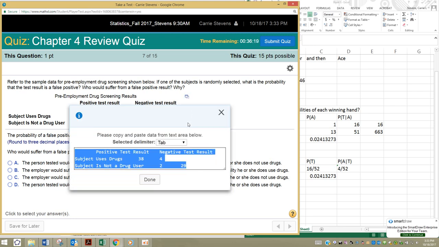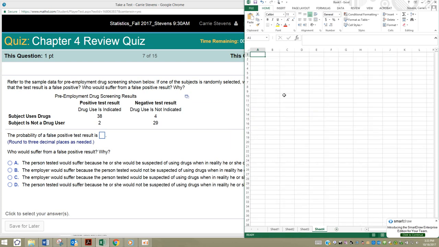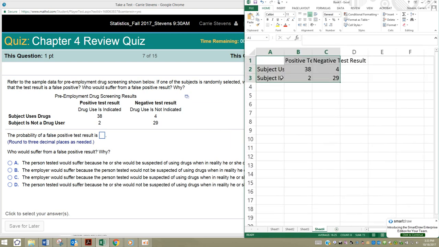And let me go ahead and copy this to the clipboard. Okay, so the subject uses and the subject does not use, and we're either positive or negative, a test result.